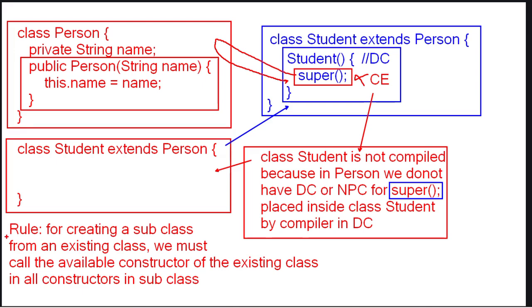This is the rule. CGC is compiler generated code.